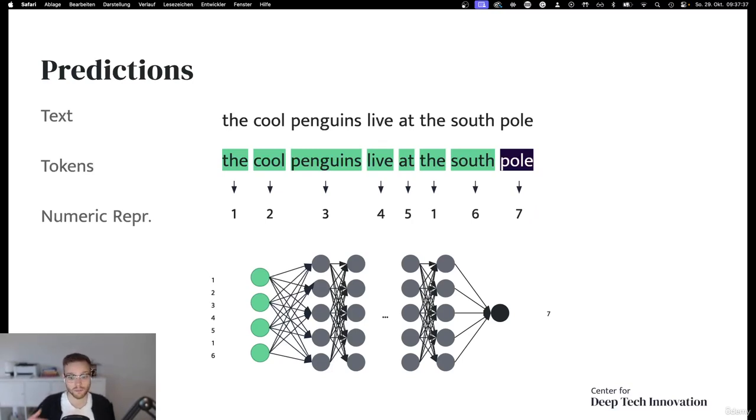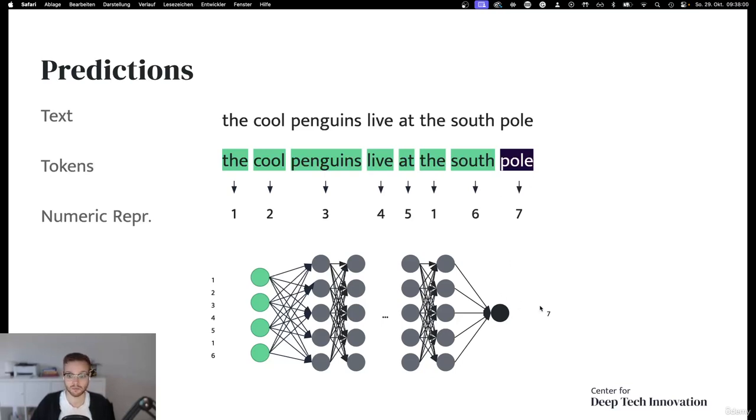So we got data that we are putting in this neural network, and we take the first 7 words here as an input. We evaluate our neural network. We look at what the output is, and we calculate the error to the actual output, because we know that the last word in here is pole.